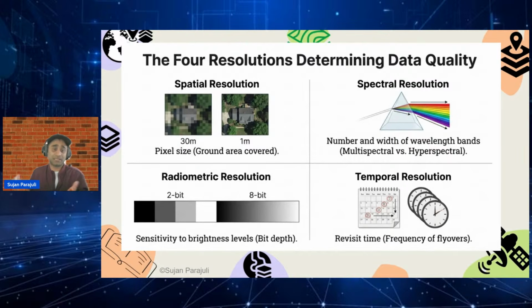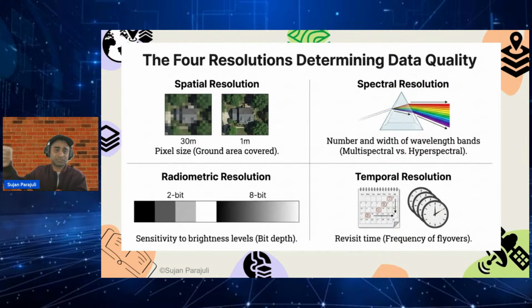What does that mean? The 30-meter pixel size means a square. If you see on this zoomed-in image, the square dot represents one pixel. So one pixel means one piece of information.